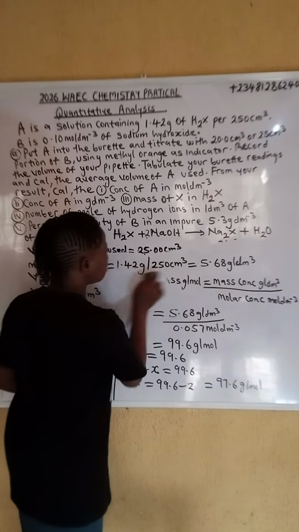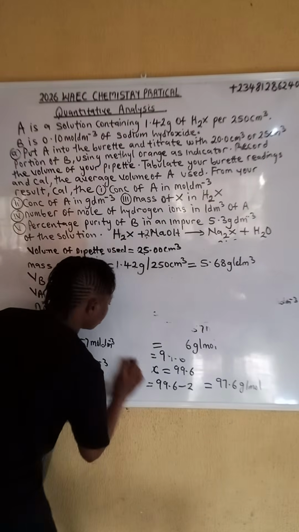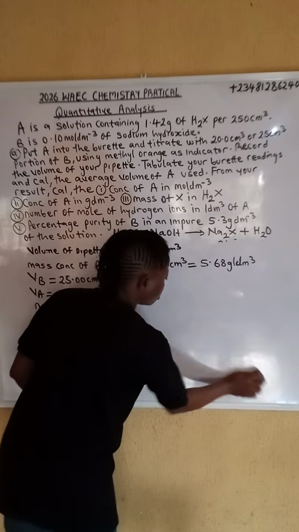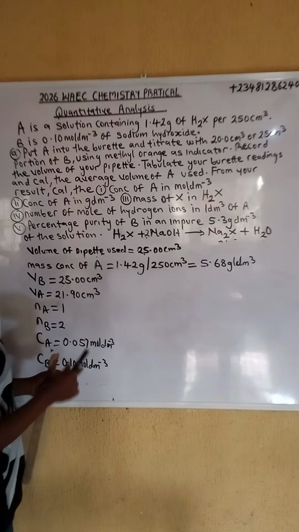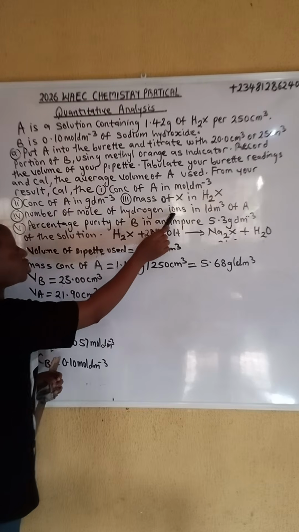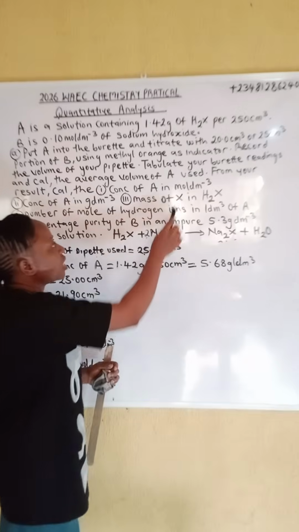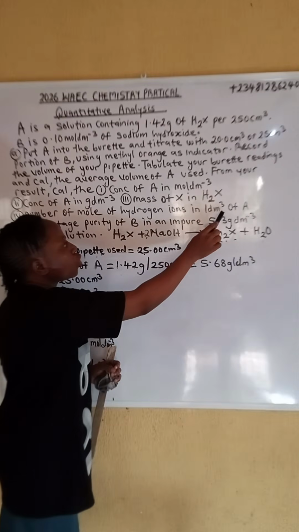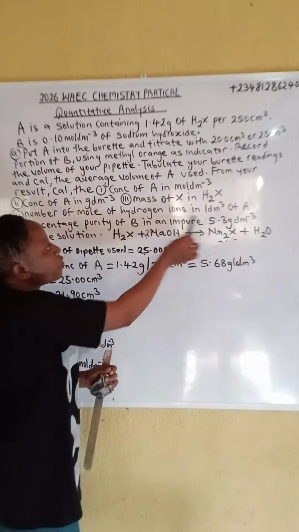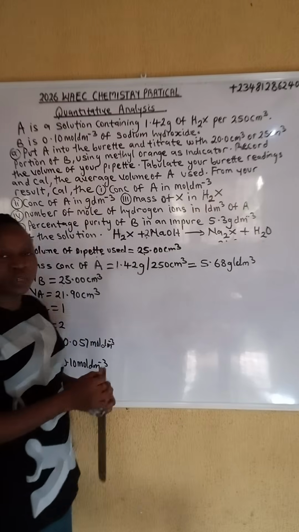So now let's move to question 4. Question 4 says calculate the number of mole of hydrogen ion in 1 dm cube of this unknown acid.